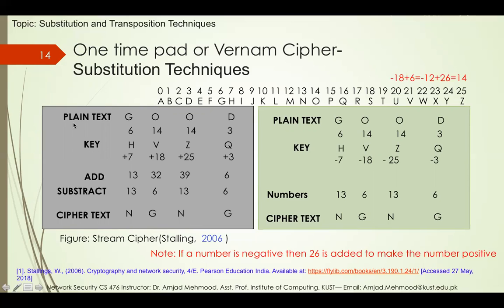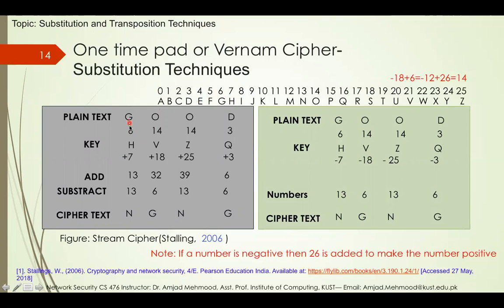So what the sender does, for example, if the sender wants to say "good" to the receiver, we replace each character. You can see that I have replaced G with 6, since G is at the 6th place of the alphabet if you start from 0.